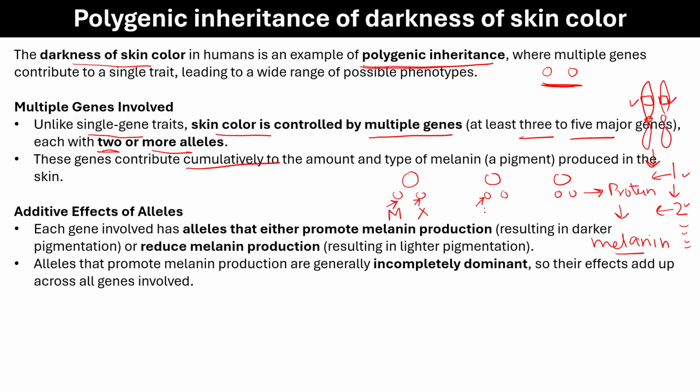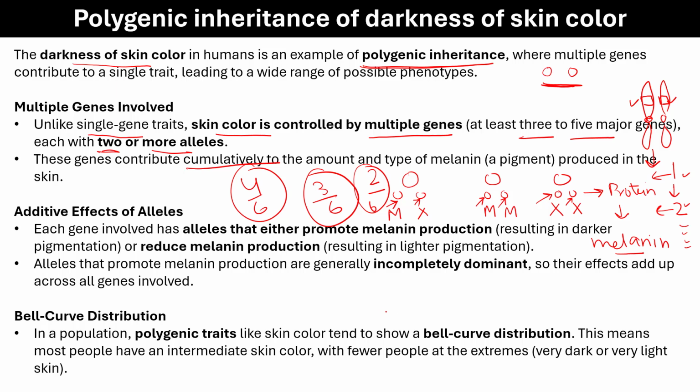This is dominant. It produces melanin. This is dominant, produces melanin. This is recessive, does not produce melanin. This is recessive, does not produce melanin. So 3 out of 6 alleles are producing melanin. If there were 4 out of 6, the skin would be more dark. If there are 2 out of 6, the skin will be less dark. So how many alleles end up producing melanin will give you a quantification of the darkness of the skin.